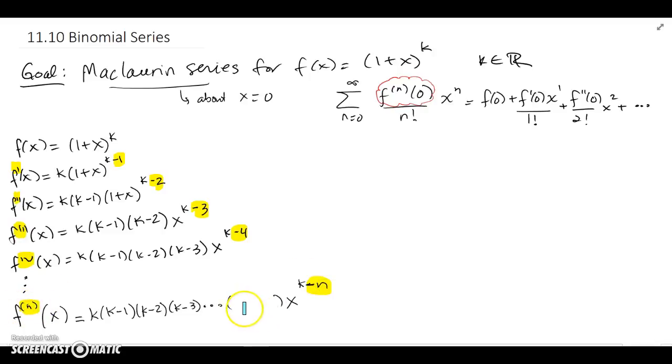Let's try to establish where I would stop by following the pattern. In the first derivative, I had a k for the guy right before my binomial. For the second derivative, I had a k minus 1, so I could think of that k as k minus 0 if I want.